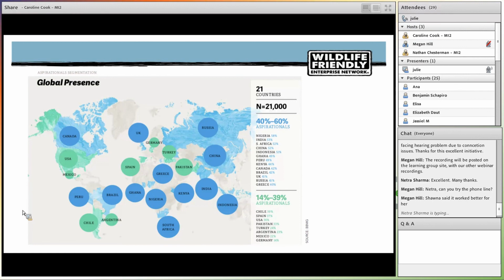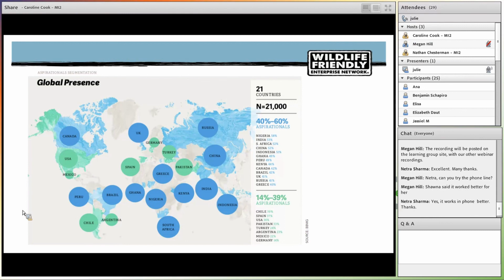And even though the developed market world is lagging behind a little bit, they still represent 1/3 of consumers in markets like Canada, Russia, the United Kingdom, Greece, Spain, and the US. In emerging markets, aspirationals tend to be millennials, while in developed markets, they're more likely to be Generation X, according to BBMG. Next, please.